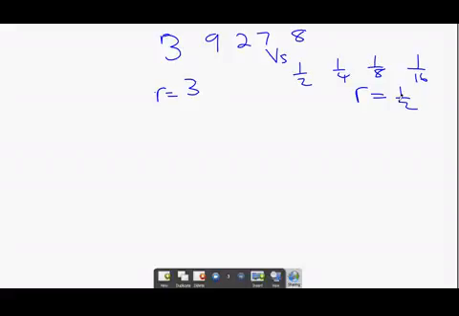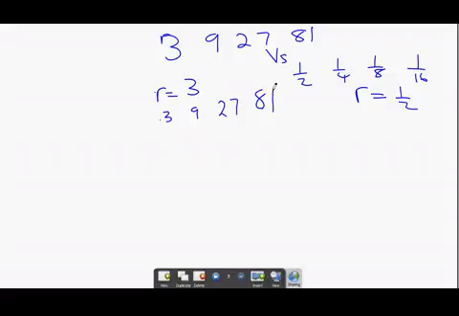Now, if I keep going with both sequences, for instance, if I take the one with 3, 9, 27, the numbers will increase. We start from 3, then we go to 9, we go to 27. The numbers get bigger and bigger and bigger. They will not stop getting bigger.